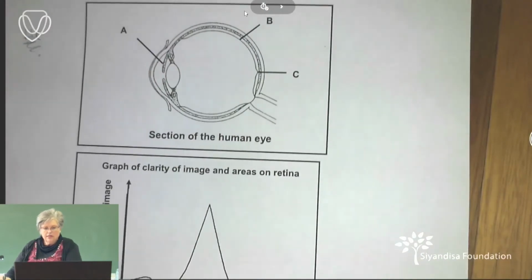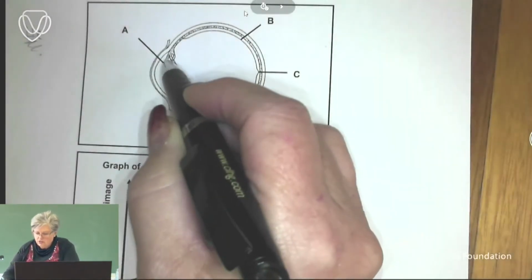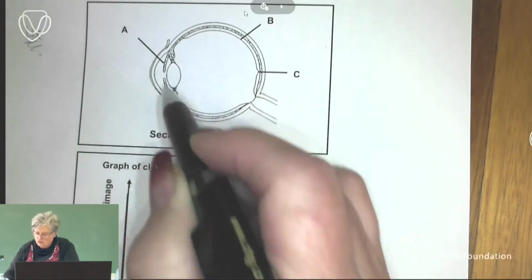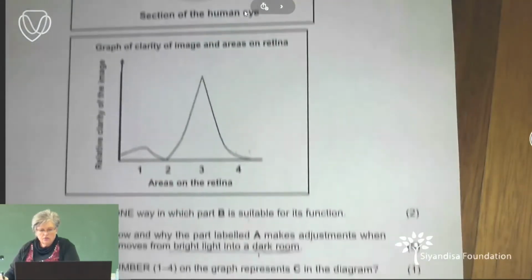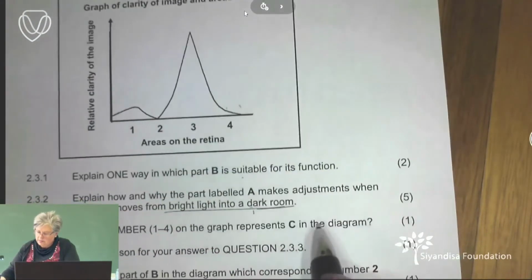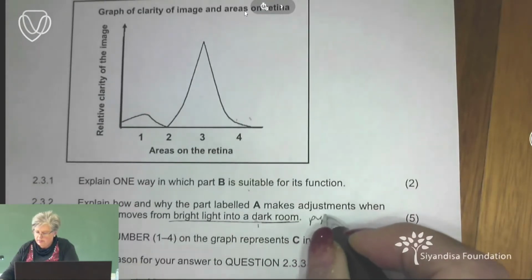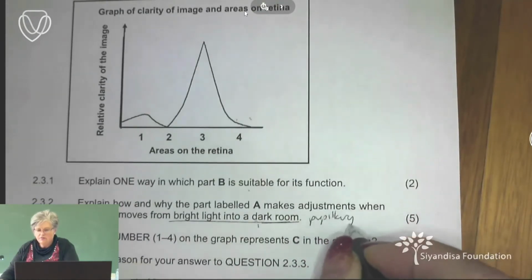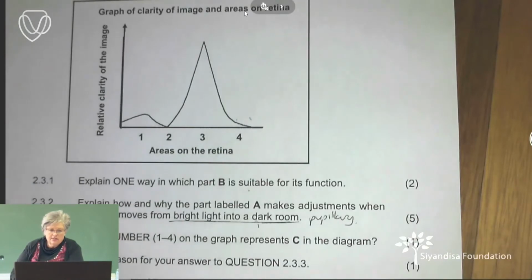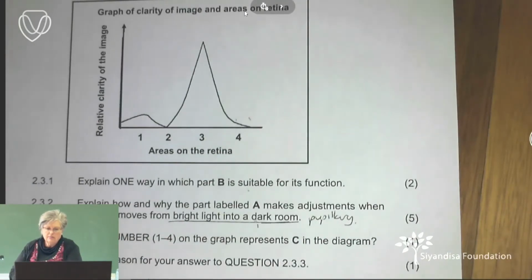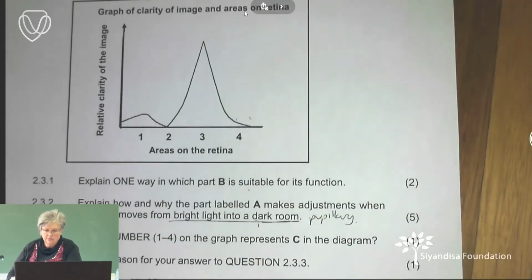So now if they talk about light and dark, what must you explain? You must explain the pupillary mechanism. The fact that I didn't say to you, discuss the pupillary mechanism, makes it a more difficult question.